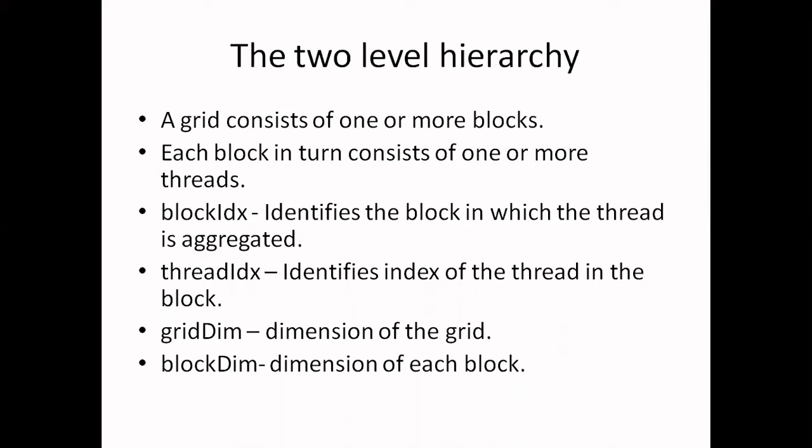We will have a grid of blocks. A grid will have one or more blocks in it, and each block will have one or more threads. So these variables, block index and thread index, will identify.